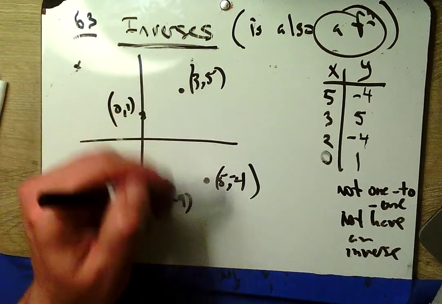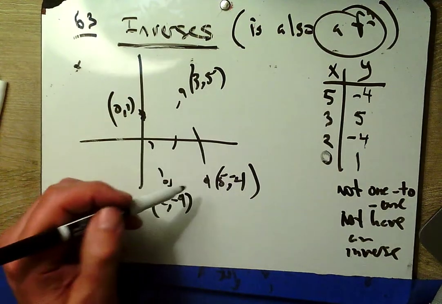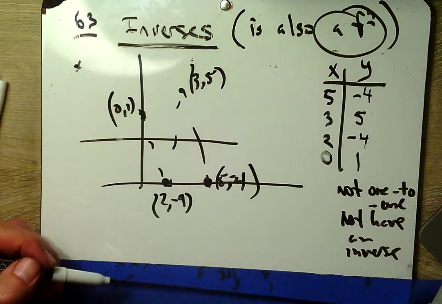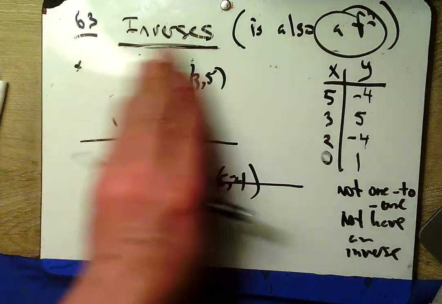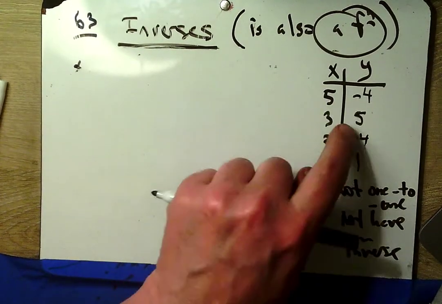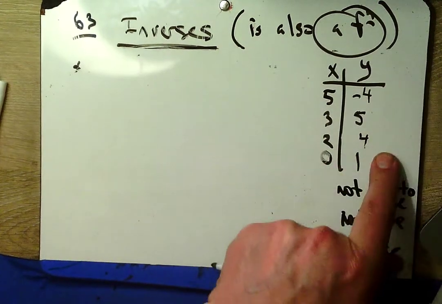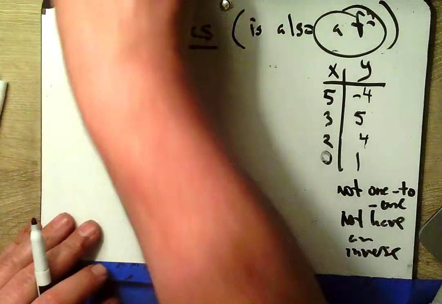Now, I don't know, maybe it's something like this, but I don't really care because, look, it fails the horizontal line test. No inverse possible here. If I change this function a wee bit, like that, now it is a function, and no repetition here means now I also can have an inverse.